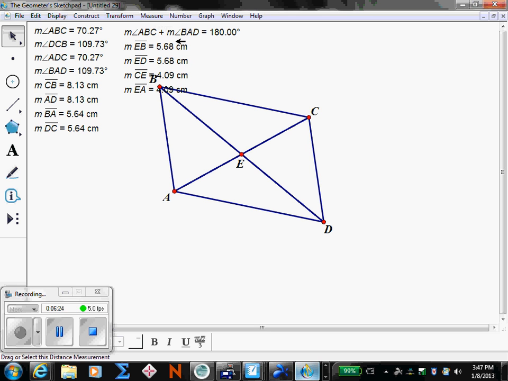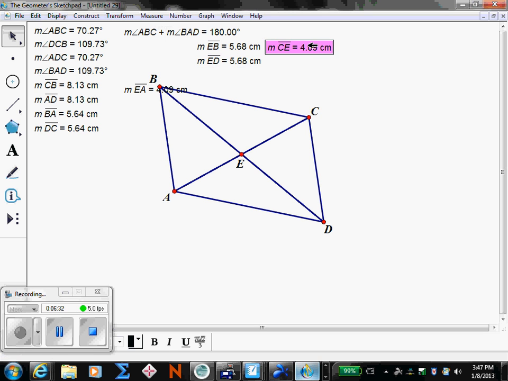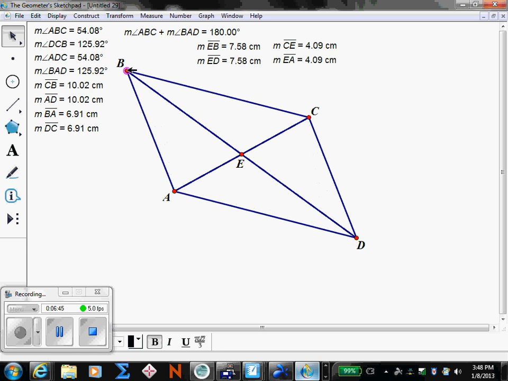So you can see the two segments EB and ED are equal in length, and then CE and EA are equal in length. So the diagonals bisect one another. They're not equal in length, the two diagonals aren't, but they bisect one another.